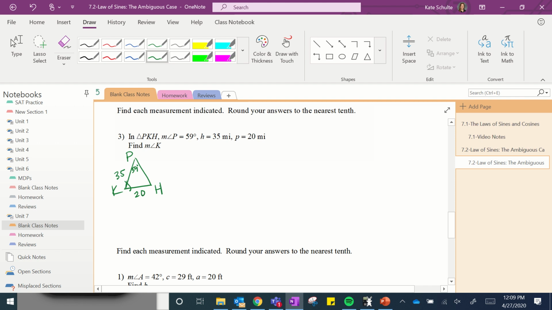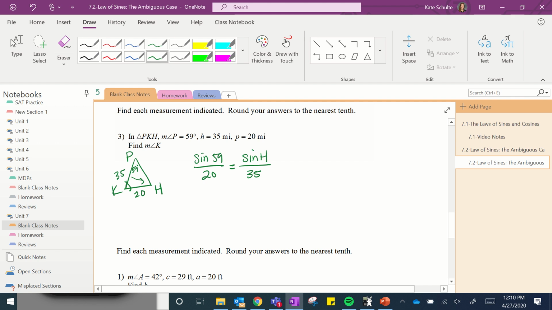Angle P and side P I'm given. So I could start there, sine of 59 over 20. I know at least I'm going to use that. And then since I'm given side H, I'm going to have to find angle H first before I find angle K. So sine of H over 35.